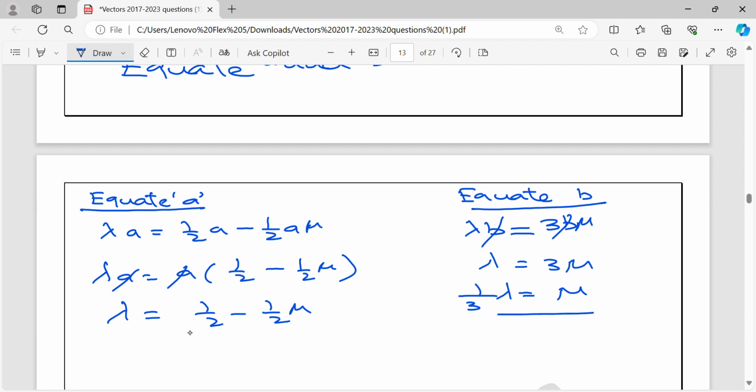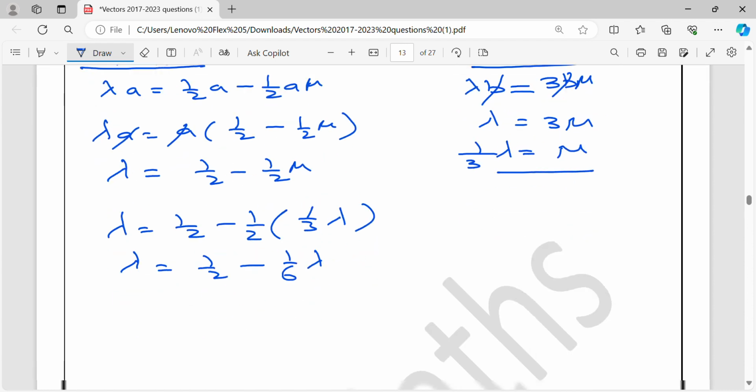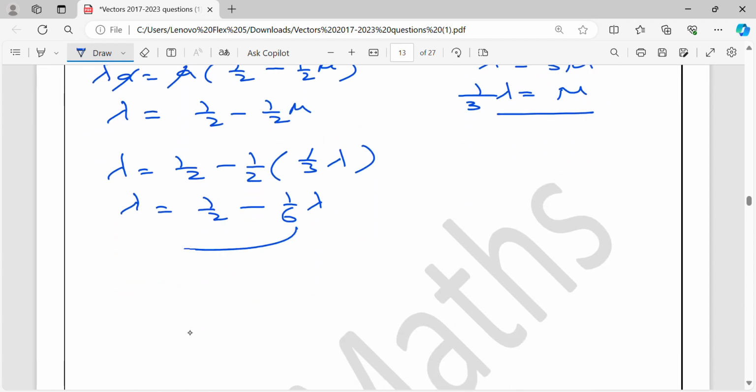So if I find nu, I can divide by 3. So let's use this value of nu because I need to find lambda. So lambda equals 1/2 minus 1/2 times 1/3 lambda. Let's simplify it. Half times 1/3 is 1/6 lambda. So move this over to solve the equation. Lambda plus 1/6 lambda equals 1/2.